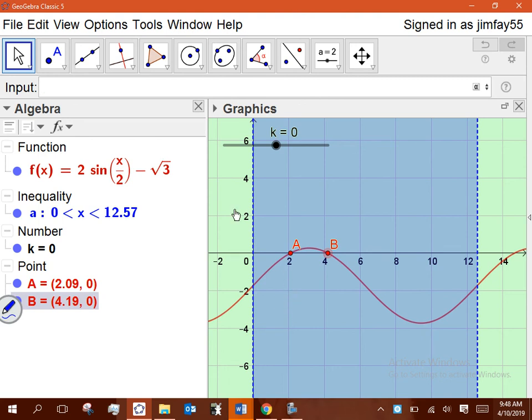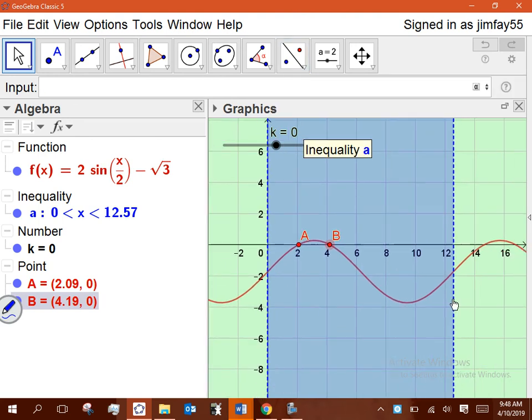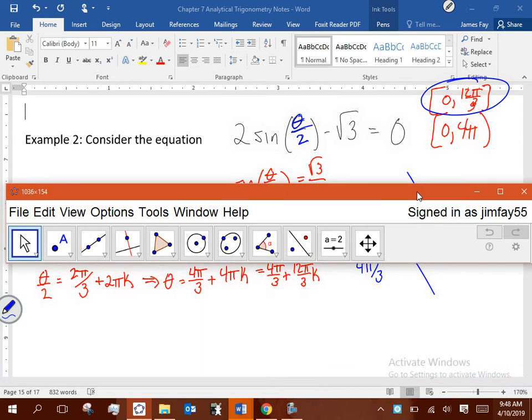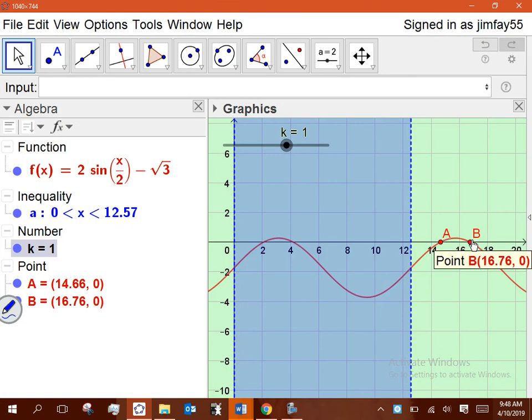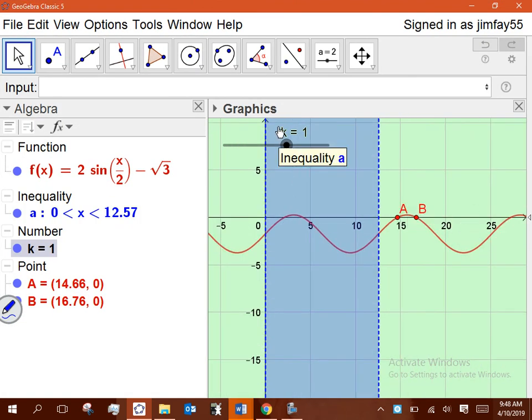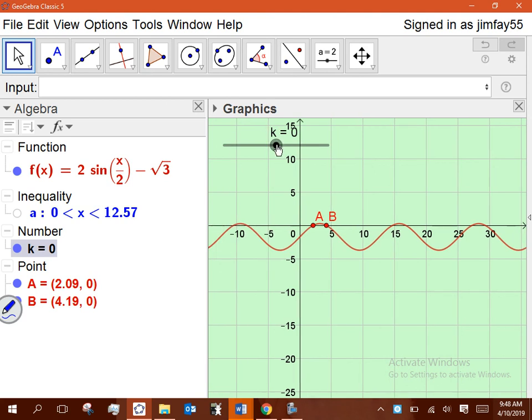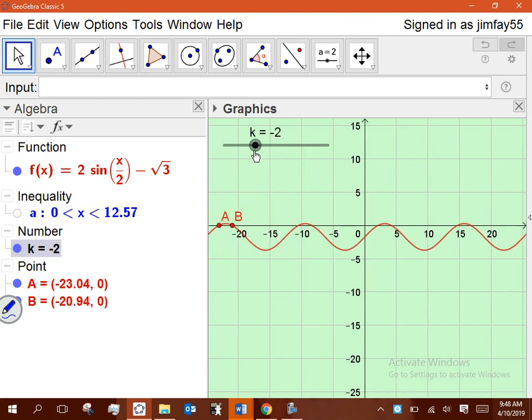Okay. Now, as k grows, when k ended up being 1, you see how I gave those first 2 solutions outside? And that would have been the 14 pi over 3 and 16 pi over 3. If I'm not really interested in a particular interval, you see how this allows me to march through and find all those solutions, right?